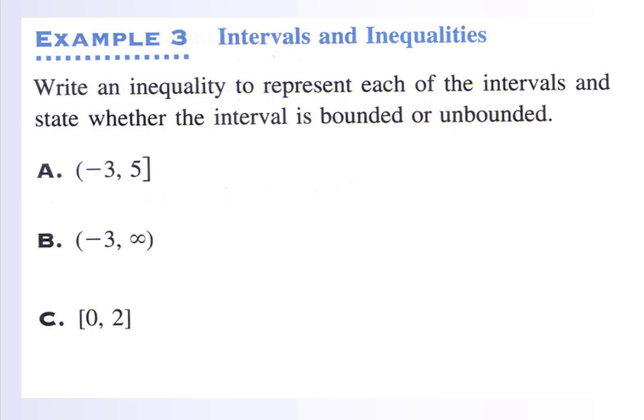We need to write the inequality to represent each of the intervals and state whether it's bounded or unbounded. For A, x is strictly between negative 3 and 5 inclusive, and it's bounded. For B, x is strictly greater than negative 3.